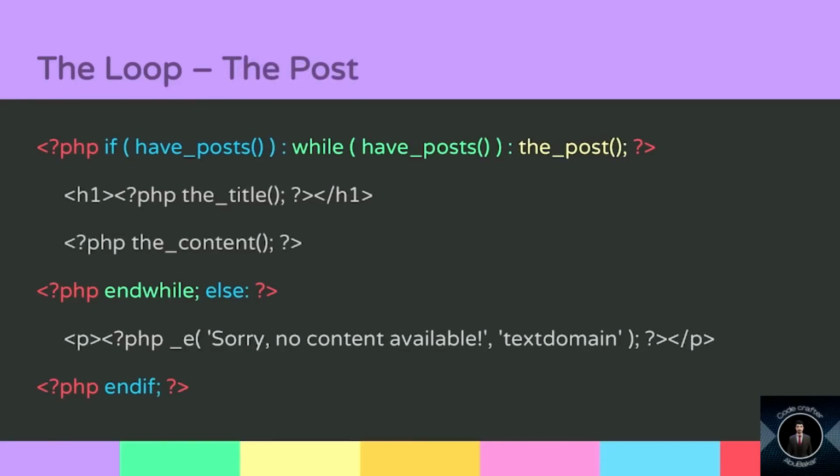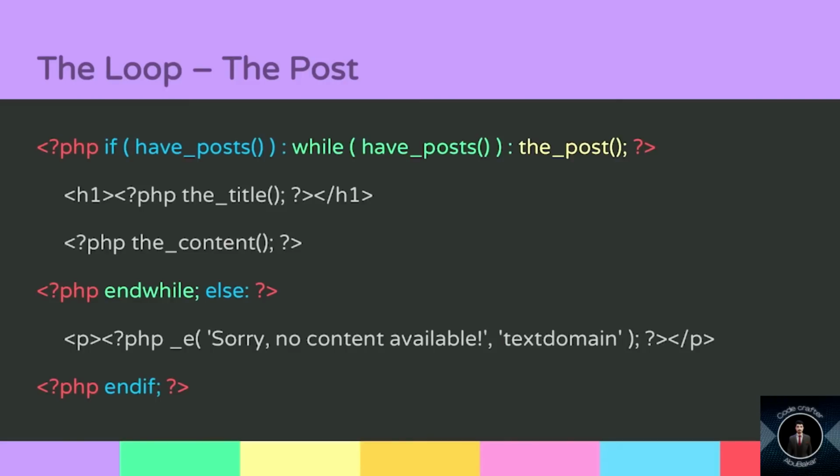And then the third and final part of the loop is a WordPress function called the_post. And what that does is it goes inside the while loop. So we've gone from having a bunch of posts, and now that we're in where it says the_post, we're saying, okay, grab this specific post.